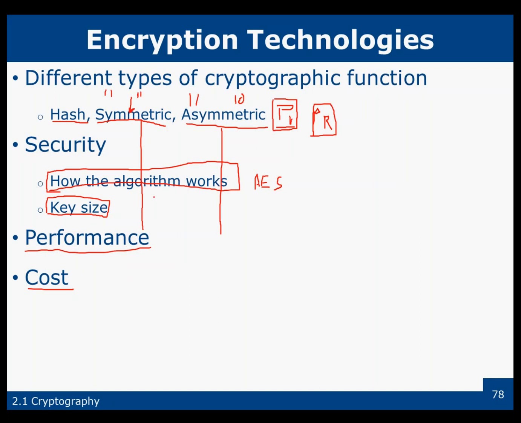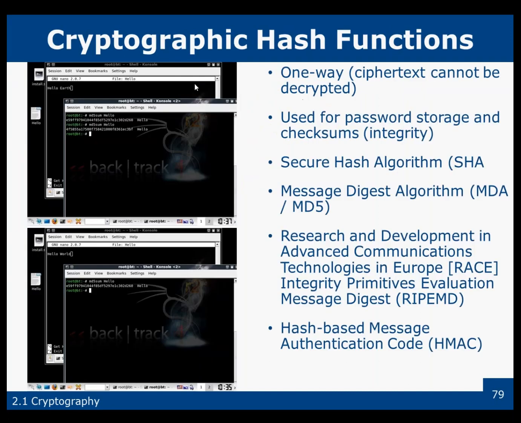Some of the algorithms, some are open source, but many of them are commercial. The hash function, we looked at it. It's a one-way ciphertext. So there's no public-private key, no asymmetric key, no sharing it.